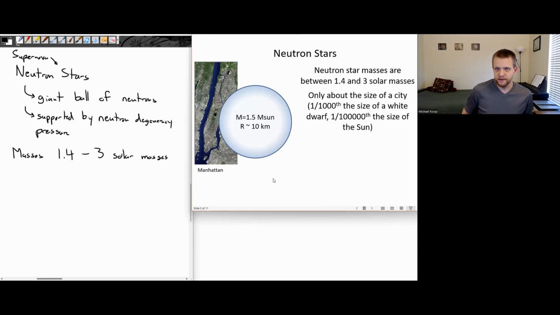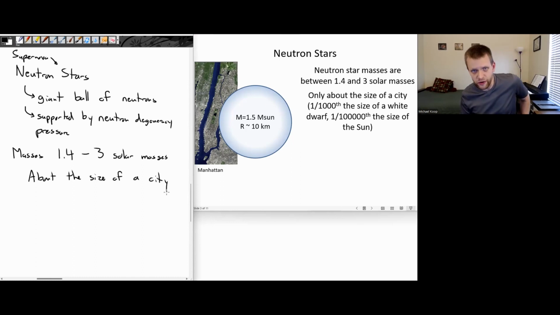Yet despite this huge mass, they're only around the size of a city. Which again makes these some of the weirdest and most extreme physics regions that we see in the universe.